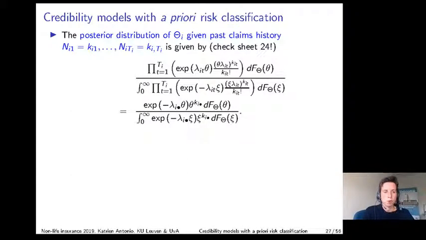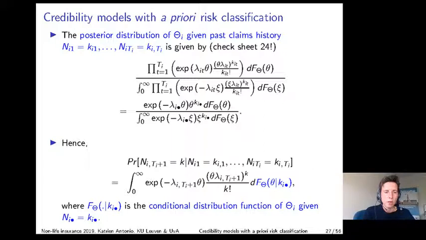Using this expression allows us to rewrite the predictive distribution into the expression at the bottom of the sheet, where we recognize a Poisson probability function with a parameter lambda_i,t_i+1 times theta, where the theta is a random draw from the posterior distribution of theta given the past claim history.